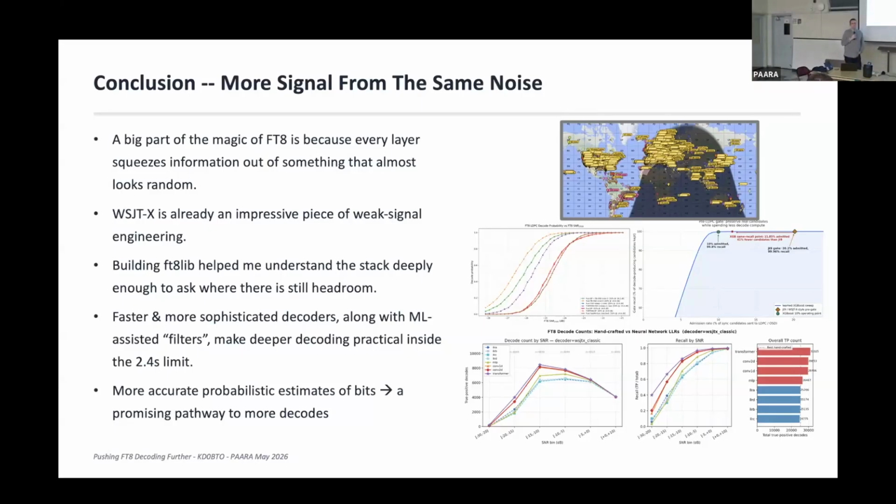It seems to me you have a bootstrap opportunity because you're training your machine learning only on things that were already successfully decoded. Yes, that is the next step. How do you know what actual signals were there if you're just given a wave file and all you have is the best decoder, which is WSJTX?